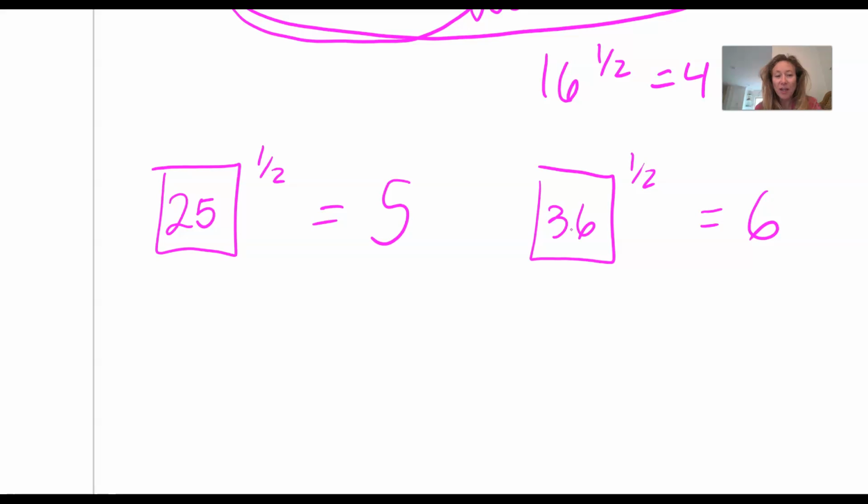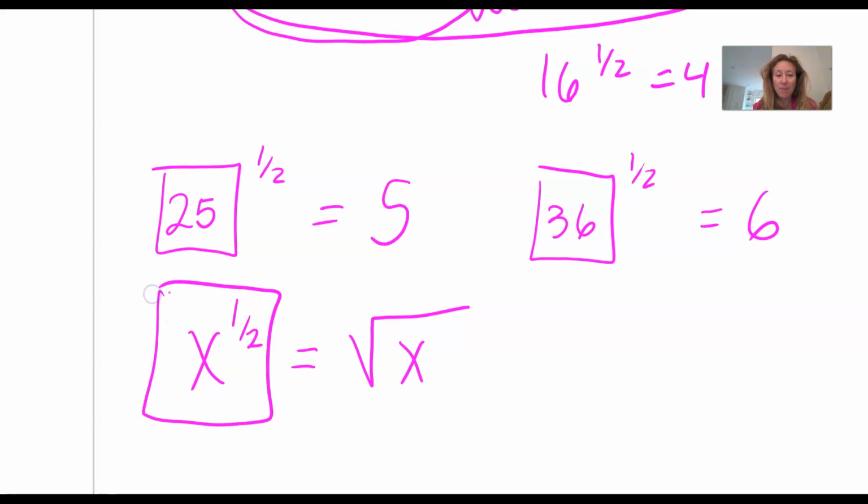And so what we may have discovered and maybe just remembered is that any number to the 1/2 power is equal to the square root of that number. I selected numbers that would simplify to whole numbers to begin with, just to refresh our memory. But we can use this idea to write all kinds of exponent expressions.